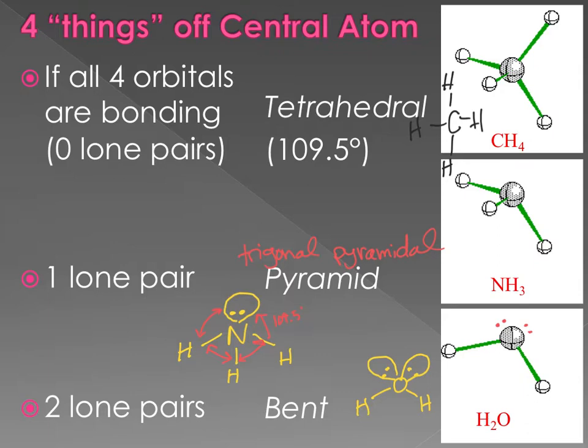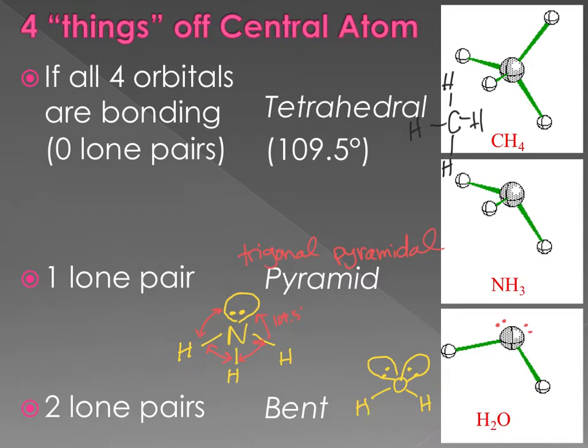And same thing down here for water. We've got lone pairs of electrons on that central atom, so this would also be a polar molecule. Thinking about the types of intermolecular attractions, this one would just have dispersion. This would have dispersion and dipole-dipole, and same thing here would be dispersion and dipole-dipole.